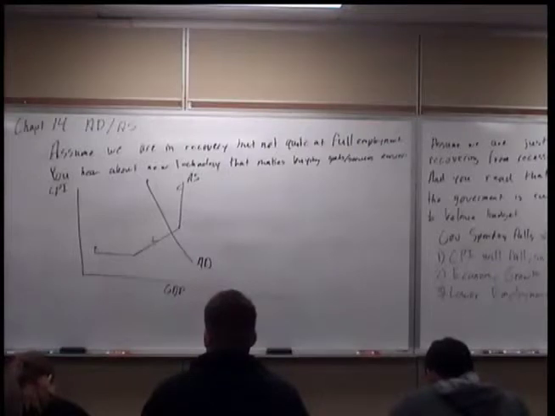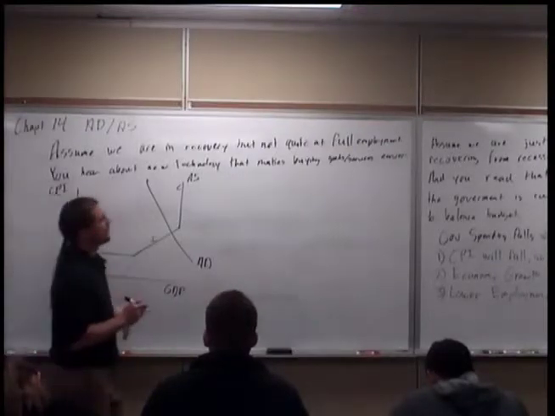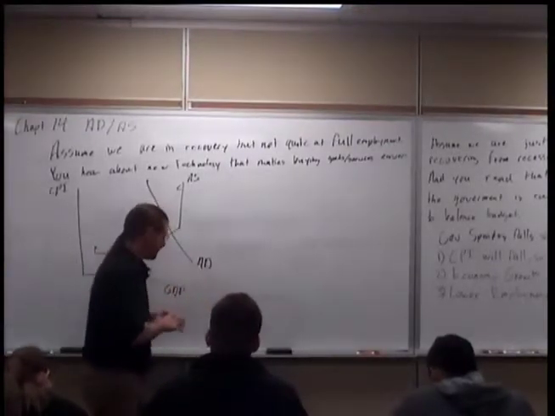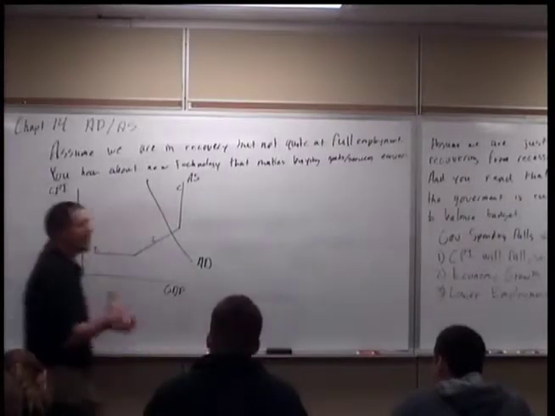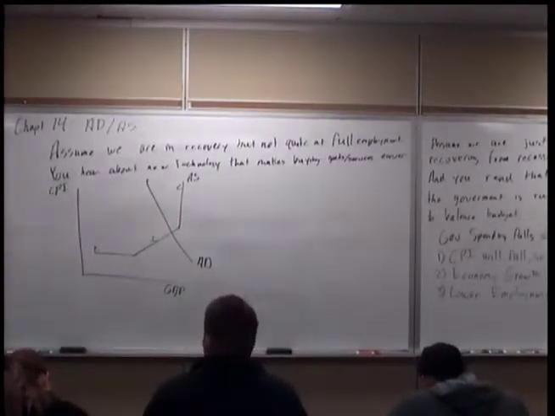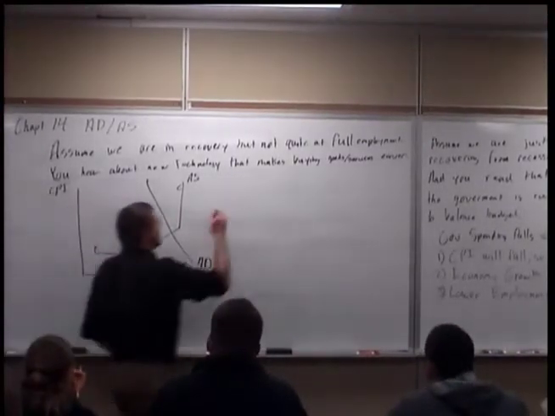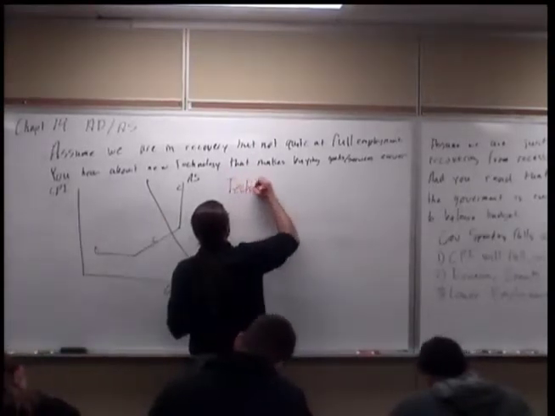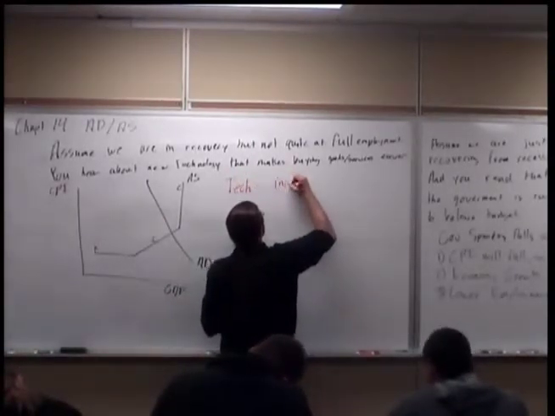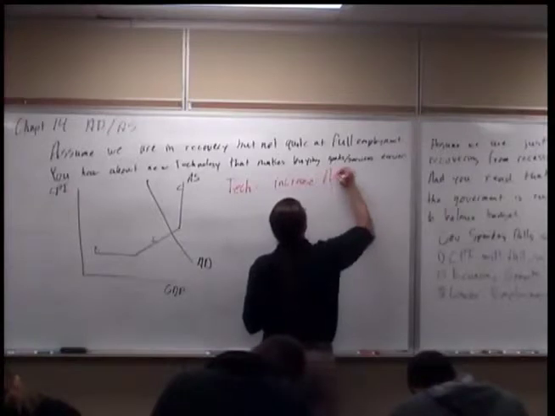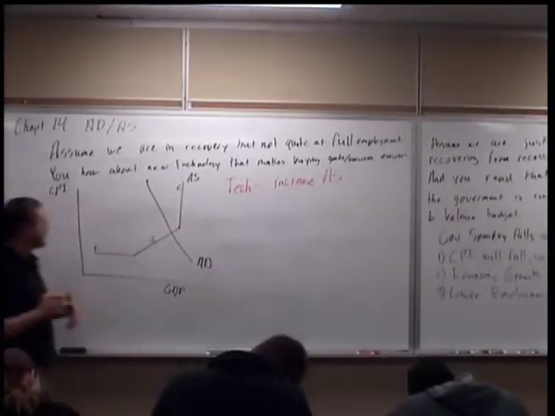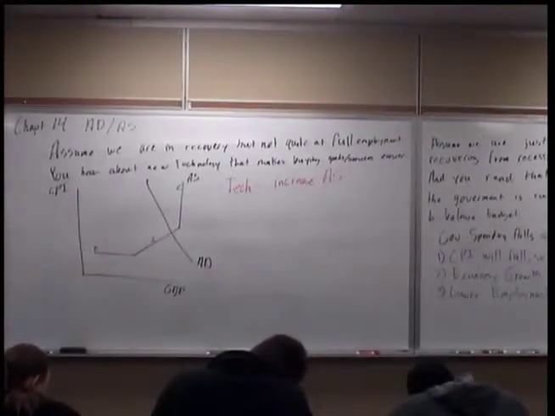All right, so now you hear about this new technology that makes buying goods and services easier. So what do you expect to have happen? Exactly. Technology equals increased aggregate supply. When you increase aggregate supply, you shift it to the right.